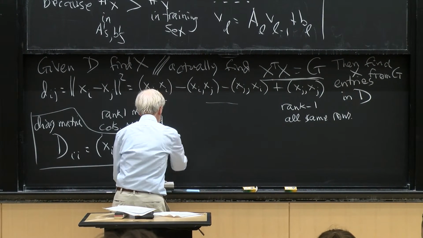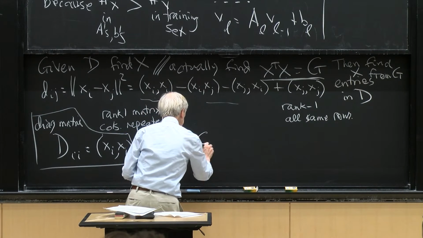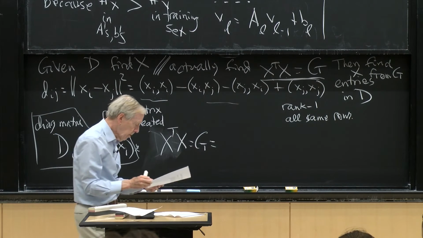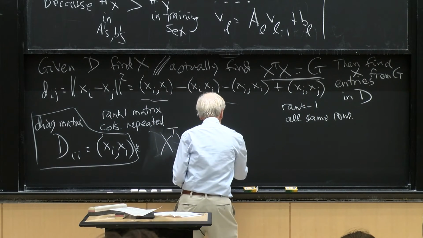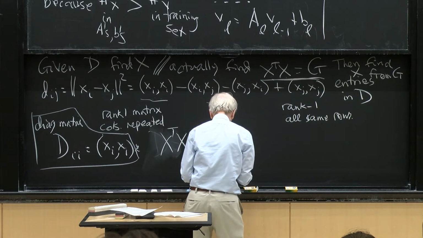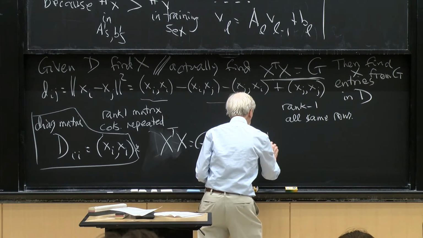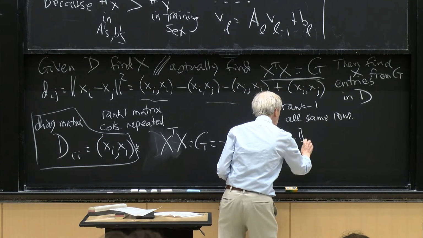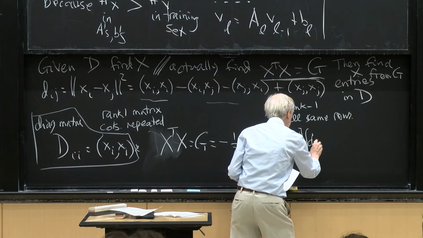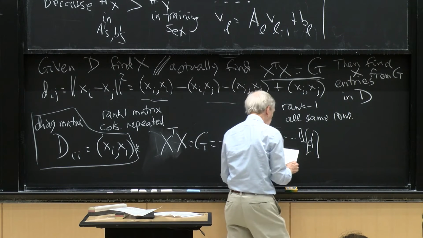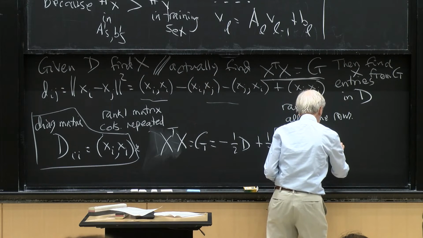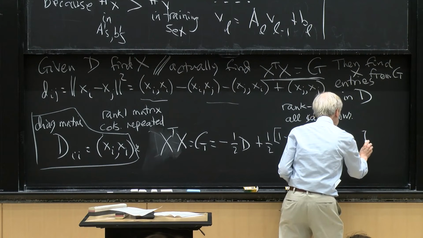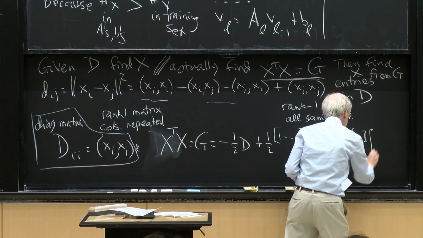I believe that we can get the dot product matrix, which I'm calling G, as, according to this, minus a half of the D matrix plus a half of the 1s times the diagonal D, and it's plus a half of the D times the 1s.